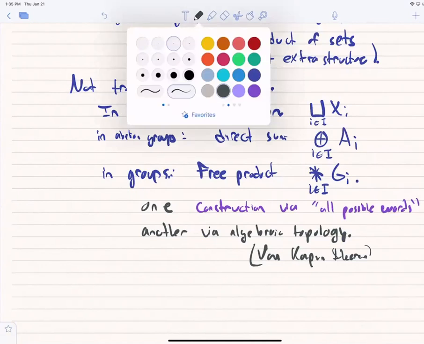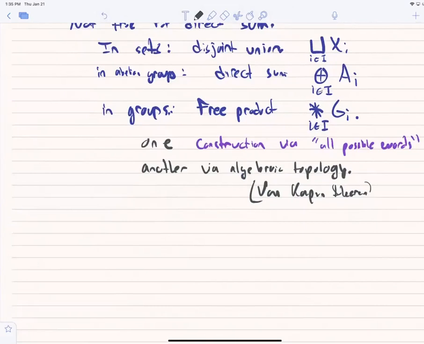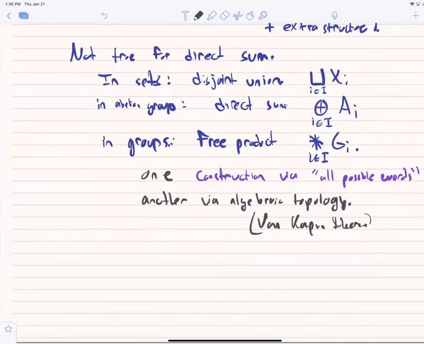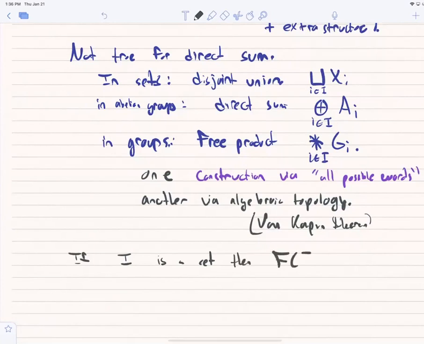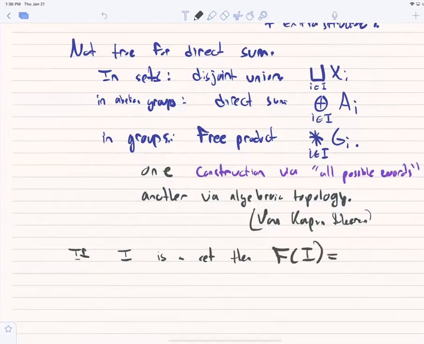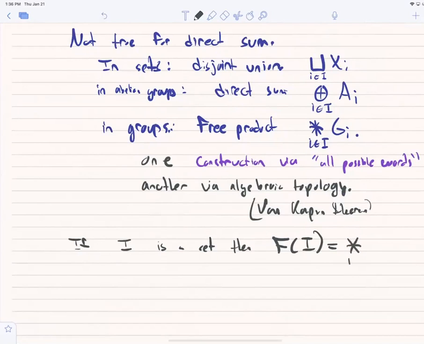Okay, good. And this comes back to Michael's constructive definition of the subgroup generated by a set of elements. So if I is a set, then the free group F(I) is just the free product over all i in I of the group generated by a single element.